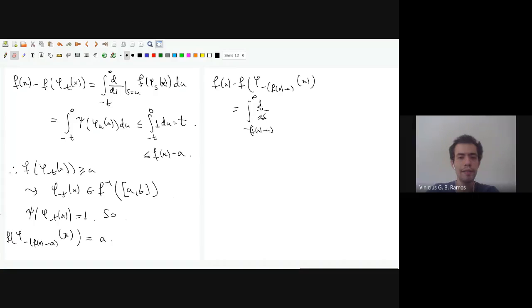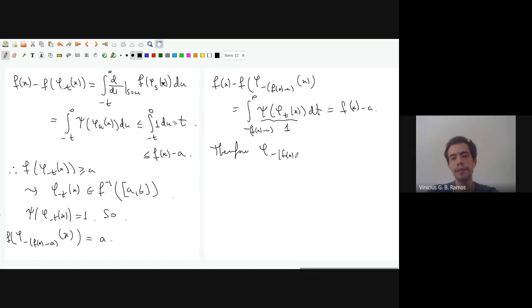So this is just the psi of phi t of x dt. And we proved that the psi is always equal to 1 for t between 0 and minus f of x minus a. So this is equal to 1. So this is going to be equal to f of x minus a. So therefore, the image of f of that is equal to a.